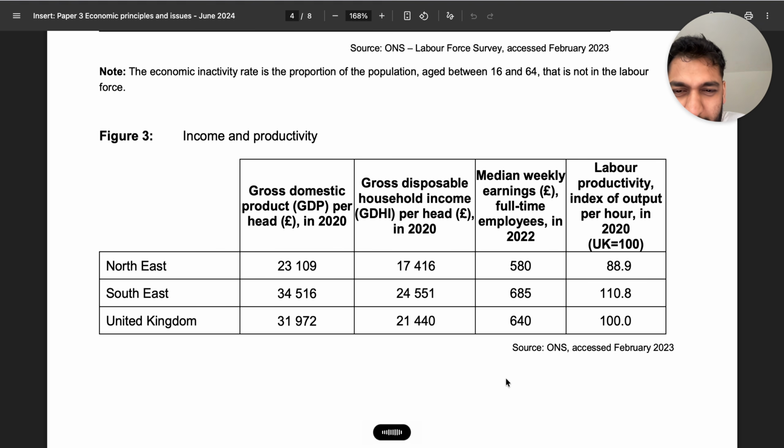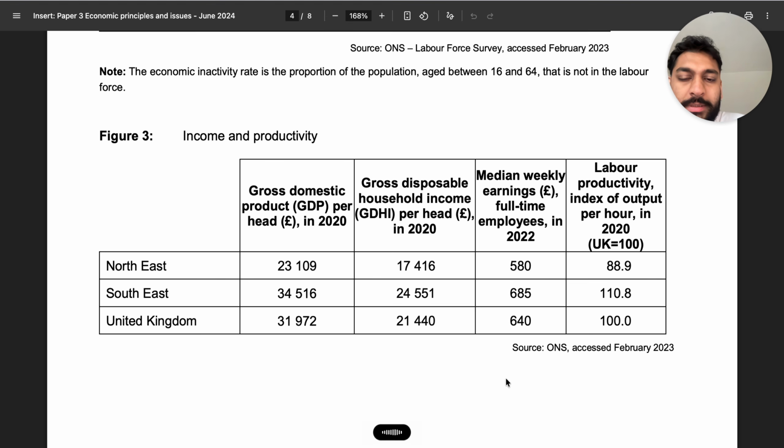Figure 3 shows that GDP per capita, per head, is higher in the southeast than it is in the northeast. It shows that GDP per capita is £34,516 in the southeast compared to £23,109 in the northeast.